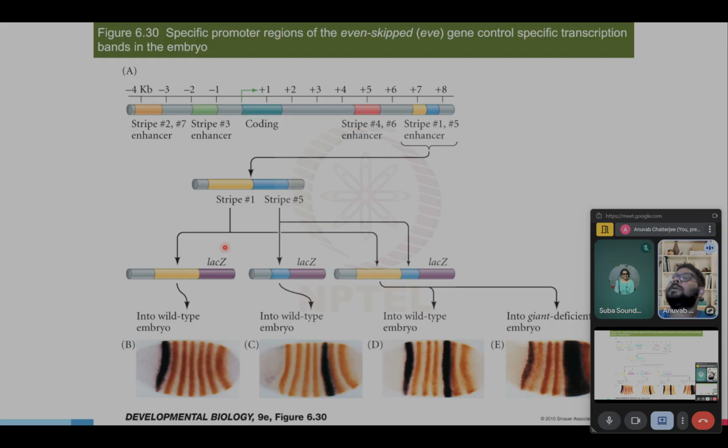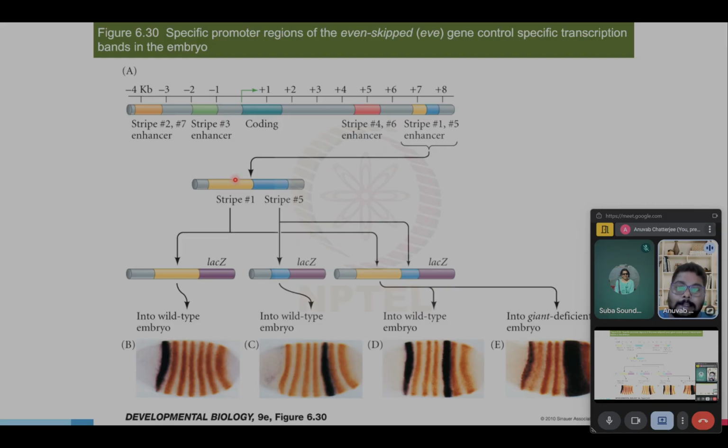No, lacZ doesn't form alkaline phosphatase. Essentially lacZ will mark wherever this protein is being expressed, it will form the product of the protein, and when you put in the substrate for lacZ, it will form a particular pattern there. So essentially you can mark wherever lacZ is being expressed.